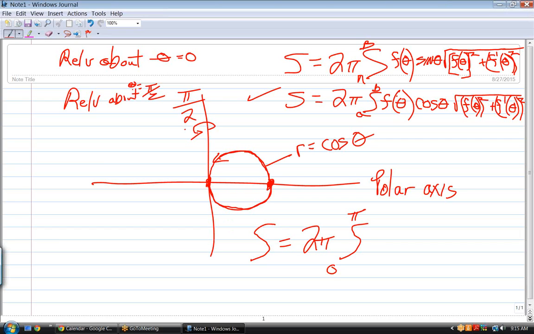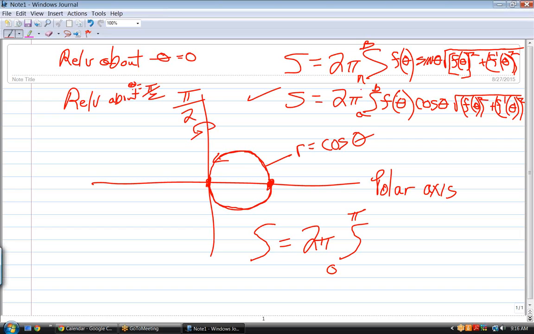The fact that we're revolving it around the pi over 2 axis is taking account of the cosine of theta over here. So that really doesn't have anything to do with alpha or beta. What accounted for it? The cosine in the equation?